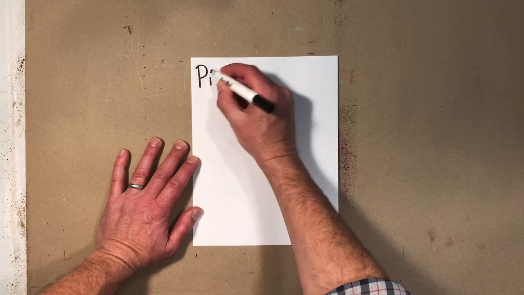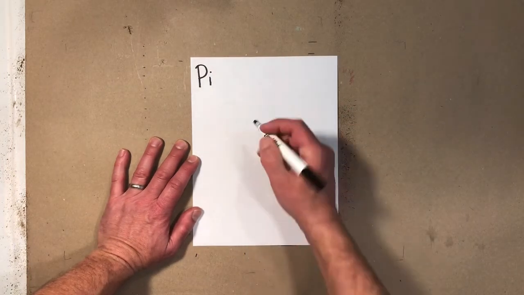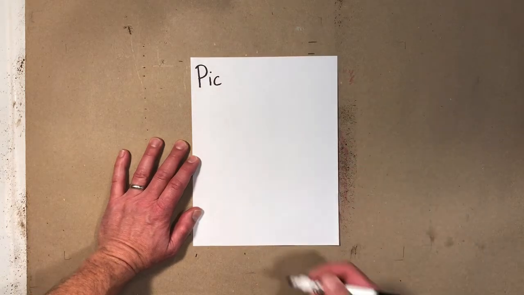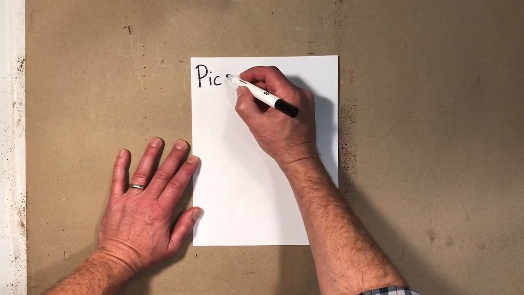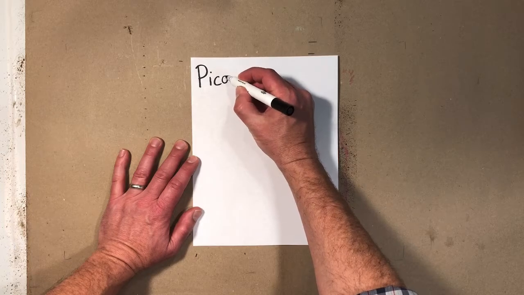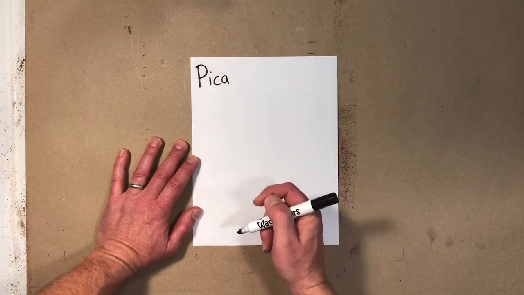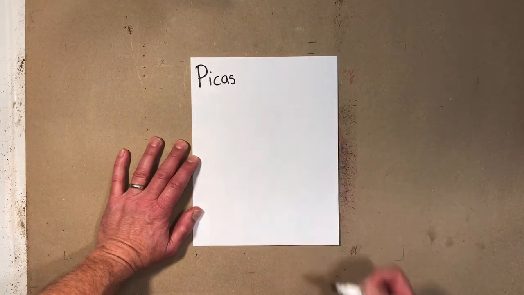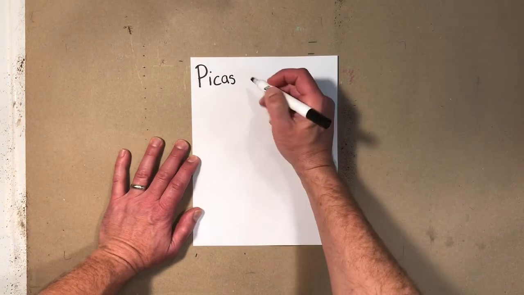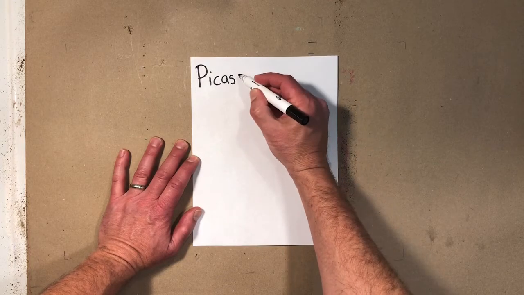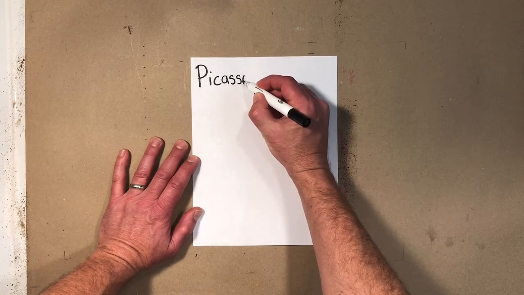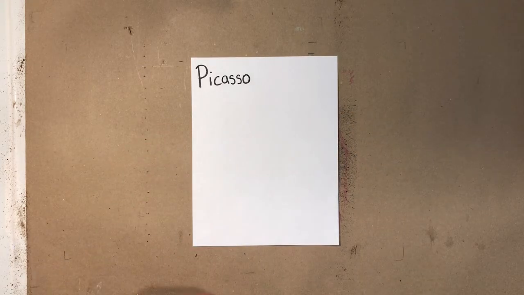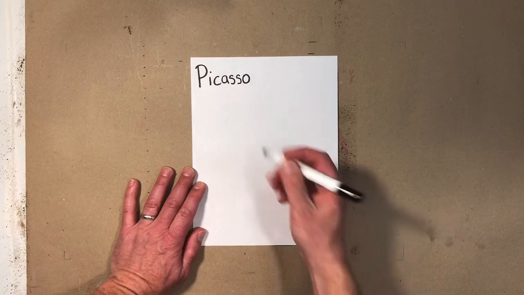I, lowercase i, C, then an A, an S, and then our last two letters are S and O. Picasso, there's his name.